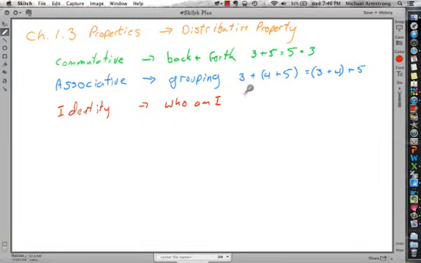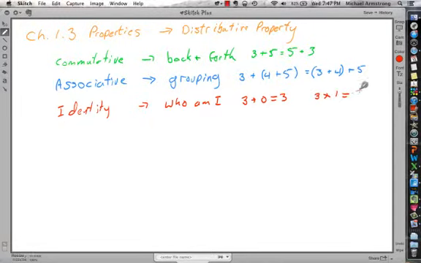In math, our properties of identity are for addition and for multiplication. The identity property, how do you get 3 to equal 3 in addition? Well, you add 0. 3 plus 0 equals 3. That's the identity. Who am I? I'm 3. And in multiplication, you do it by multiplying by what?